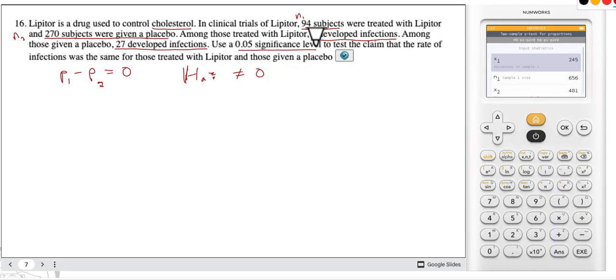The success rate, I successfully got an infection. Our infection rate was 7. So that's going to be your X1 down here, 7. And your X2 is going to be the 27. So X1 is 7. N1 sample size is 94.